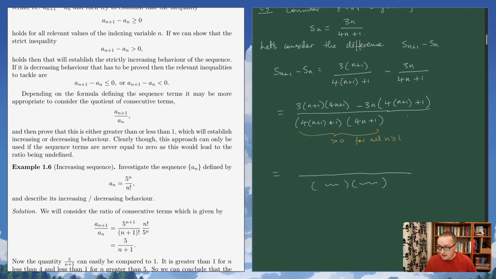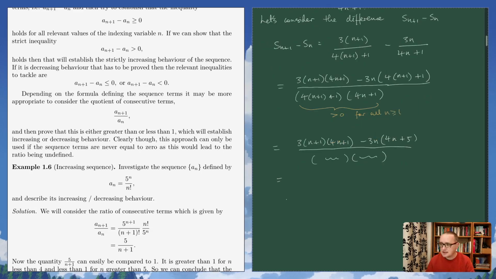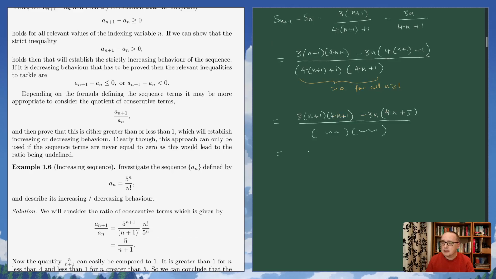So let's see what we have in the numerator. Let's simplify the second one first. So you've got minus 3n into, so this is 4n plus 5, isn't it? When you multiply this out, what are we going to get here? We're going to get 3 into 4n squared plus 4n plus 5n plus 1.